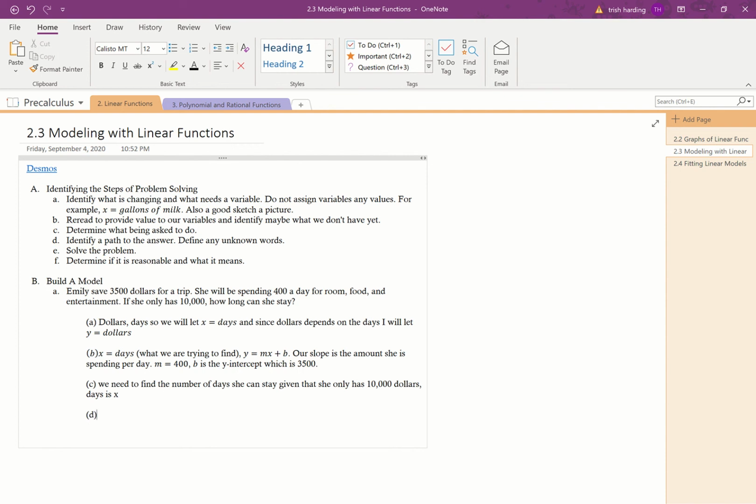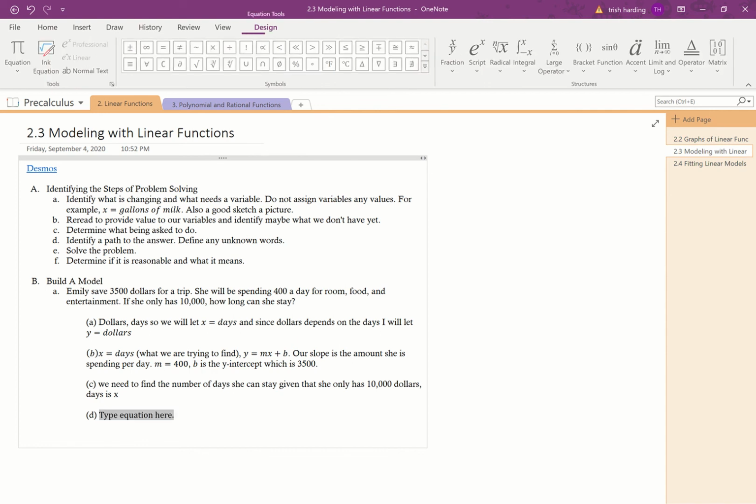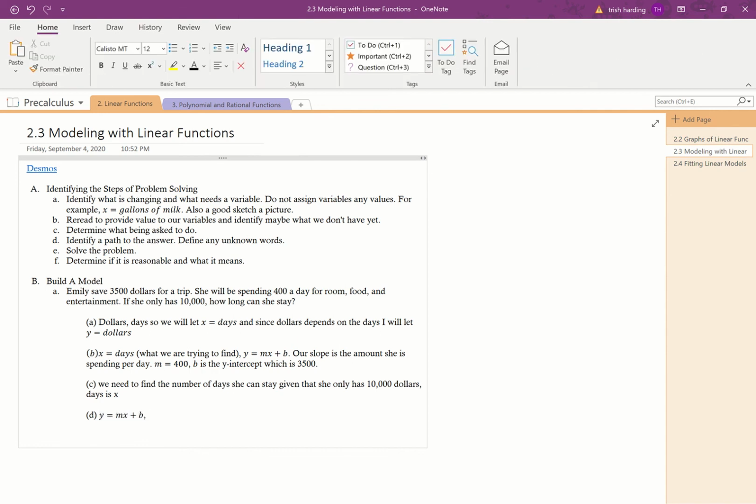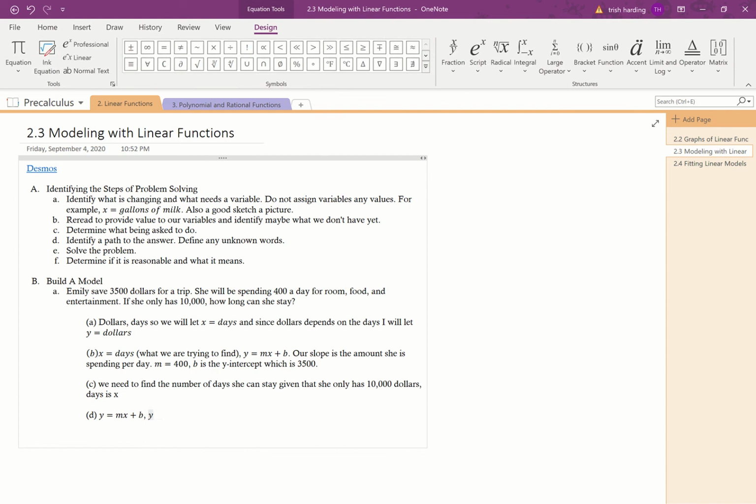Now identify a path to the answer and define any unknown words. So for D, in terms of identifying a path for an answer, I know I'm going to have to build a linear equation. Now with what I have, I can have y equals, M is 400 and the y-intercept is 3,500.